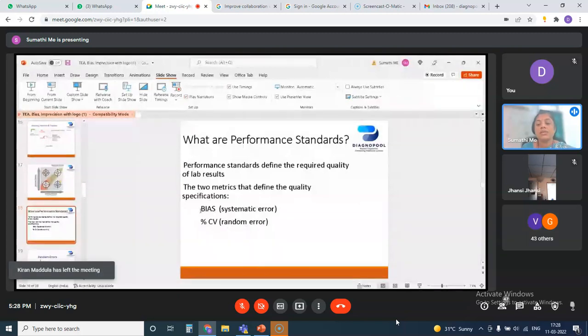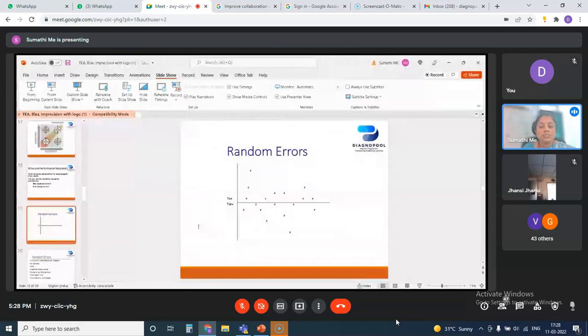Accuracy is represented in terms of bias, which captures the systematic errors, and imprecision is nothing but the random errors, which are captured in terms of percentage CV. These are the two metrics we are going to use for the calculation of total error. Before going to the total error calculation, let us understand what random error is.